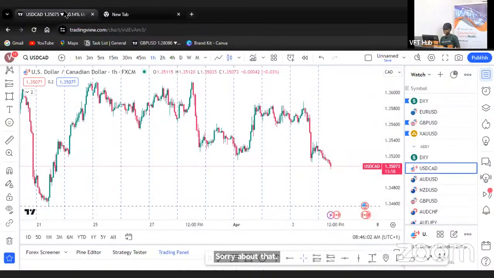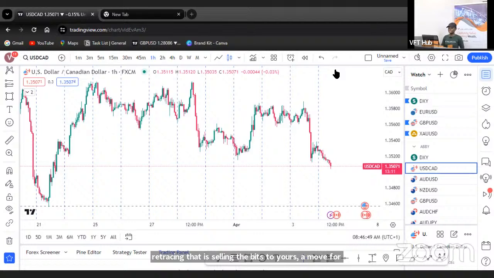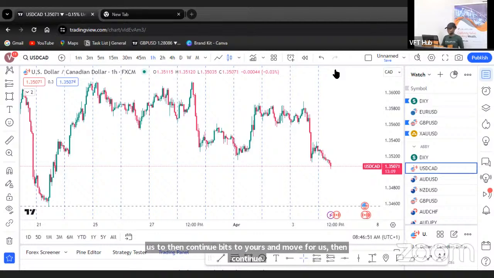Let's give it time. Are we expecting USD to gain strength today for short term? Now, these are all dollar correlated pairs, right? So if we're saying that AUD/USD is going to be retracing, that means selling a bit to give us a move for us to then continue, then of course USD CAD is going to act accordingly.